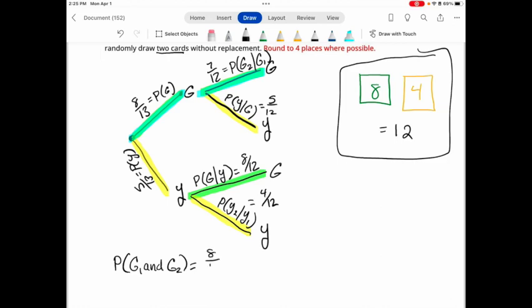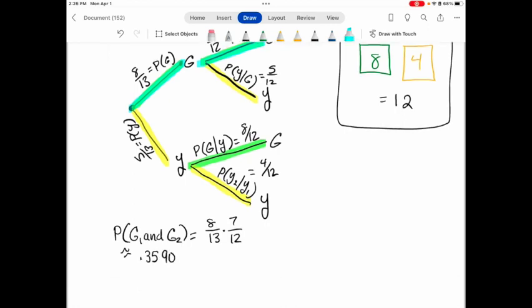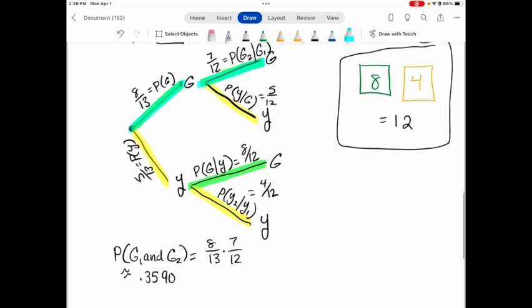So I would take 8 over 13 times 7 over 12. And I can approximate that, putting this in the calculator and finding the decimal value. I would get an approximation of 0.3590.